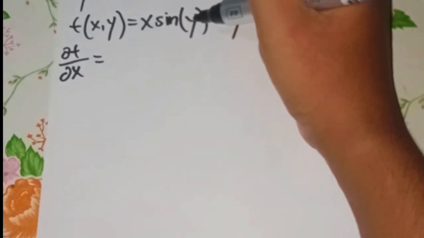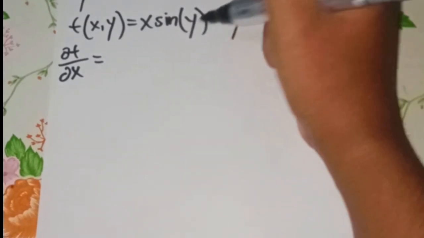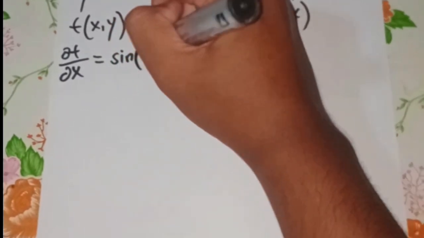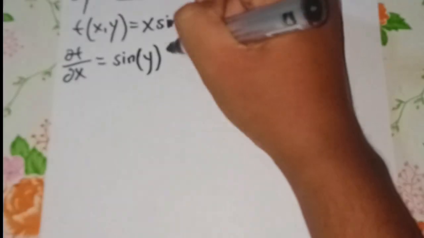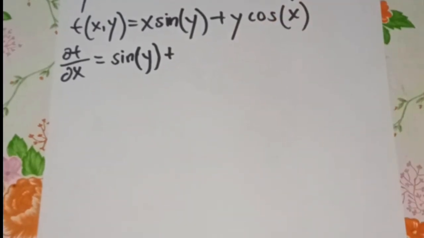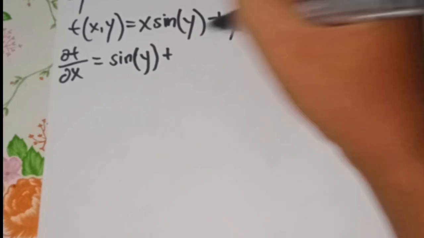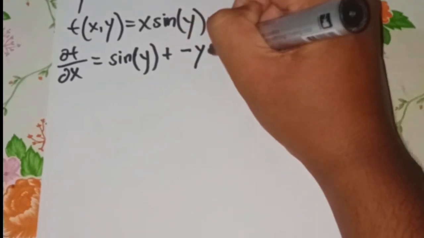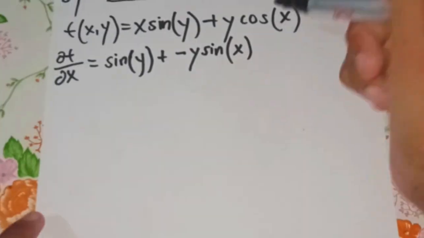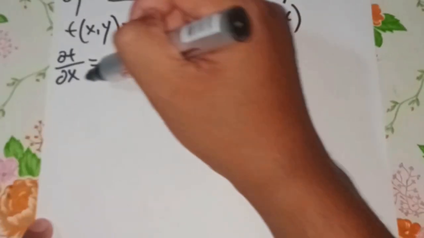Here, sine y is treated as a constant because y is not a variable in this differentiation. So, the answer is sine y, plus the derivative of y cosine x with respect to x, which is negative y sine x. So, this is the final answer.